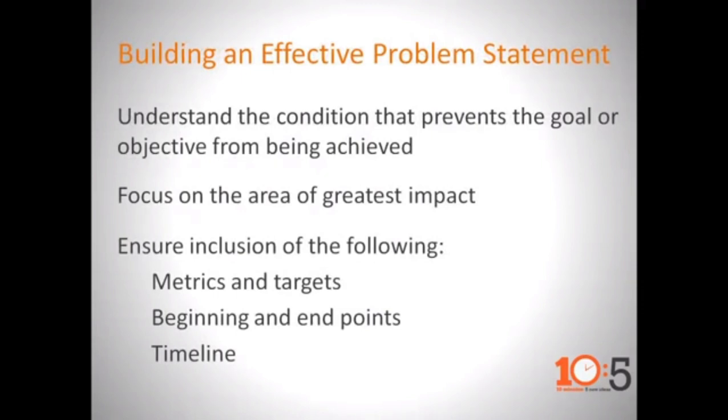To summarize, effective problem statements need to include an understanding of the condition that prevents the goal or objective from being achieved, and we already spoke to this point. Focusing on the area of greatest impact. We spoke on this one a little bit too, but let's ensure that as an organization we're working on problems that are going to truly make our organization better. And then we need to ensure the inclusion of the following: metrics and targets.